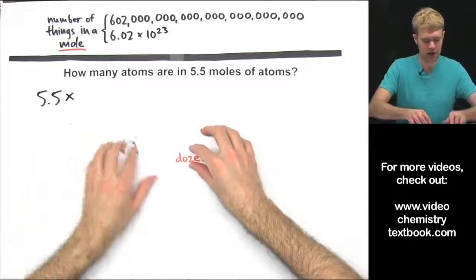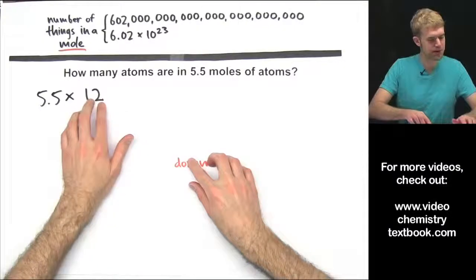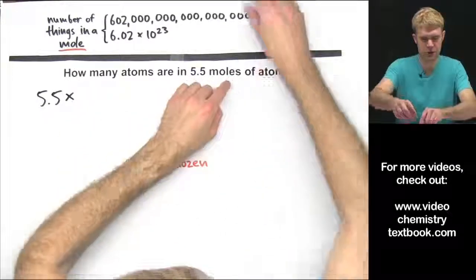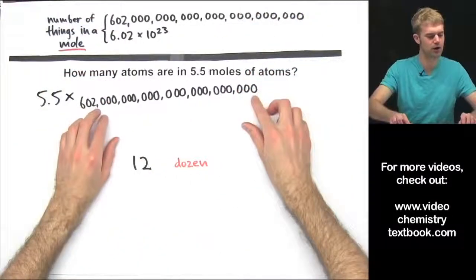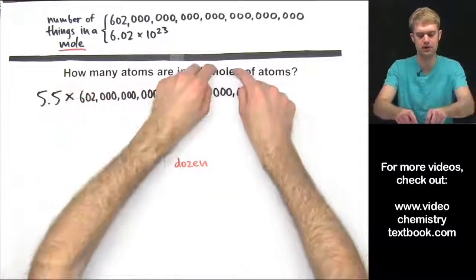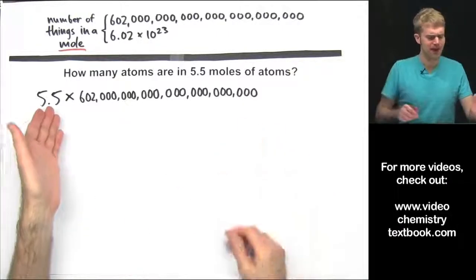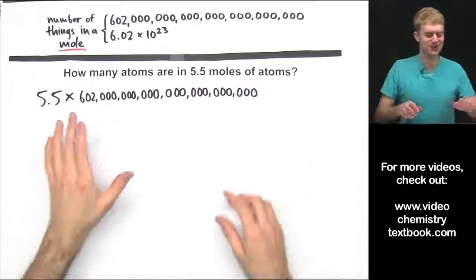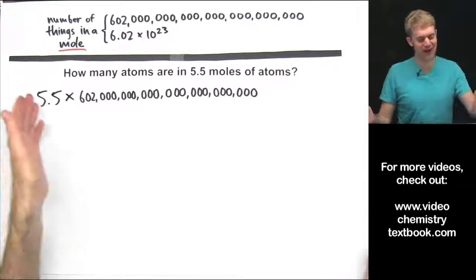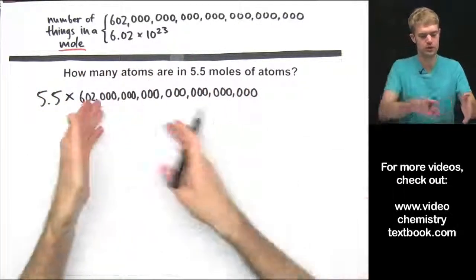But we're not talking about dozen here, we're talking about moles instead. So instead of multiplying this by 12, the number of things in a dozen, we're going to take 5.5 and we're going to multiply it by 602 hexillion, the number of things in one mole. Now, this big number here is a real pain with all these zeros, and if you're actually going to do this math, chances are you wouldn't want to use this long version.